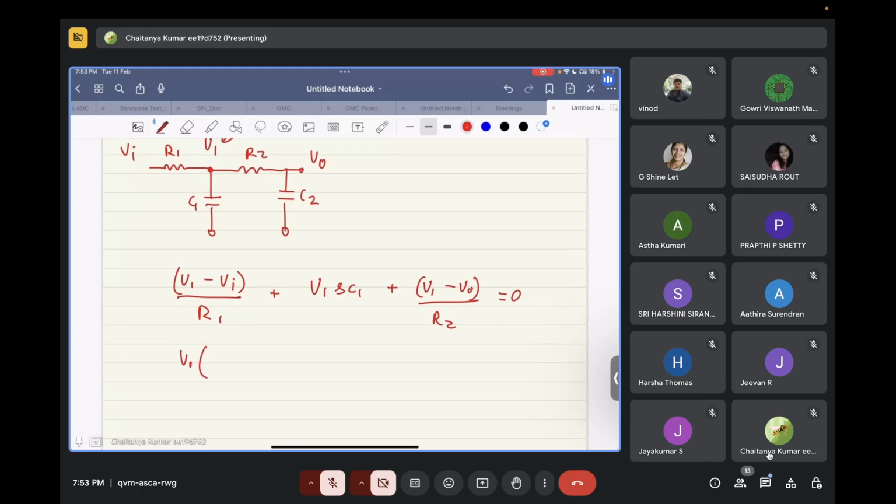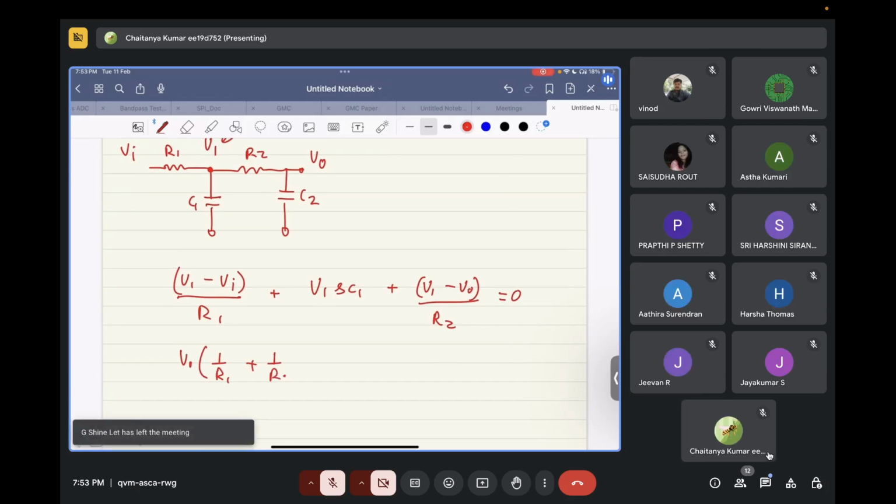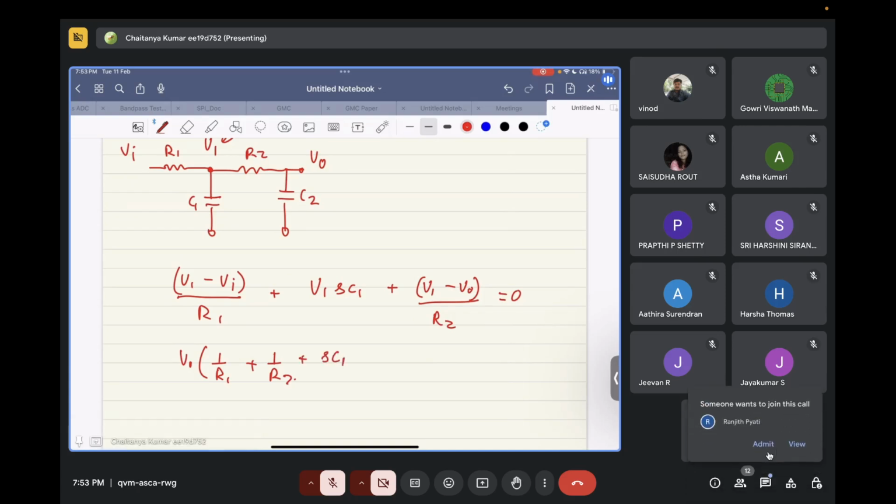What we have is V1 times (1 by R1 plus 1 by R2 plus sC1) is equal to Vi by R1 plus V0 by R2. Correct?